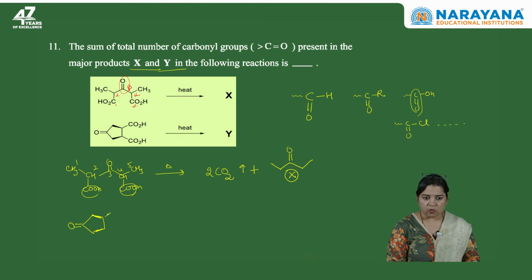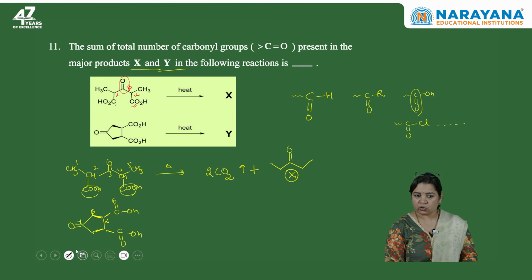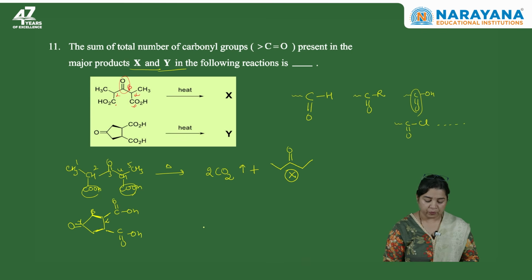cyclopentanone 1,2 dicarboxylic acid. Now see, this is not a beta keto acid positioning, right? For this acid, this is alpha, this is beta, now this is gamma. So there is no beta keto acid heating thing applicable here. Now what is this relative positioning?